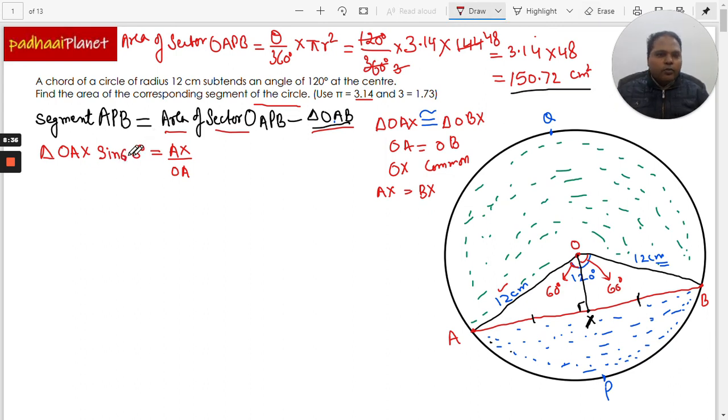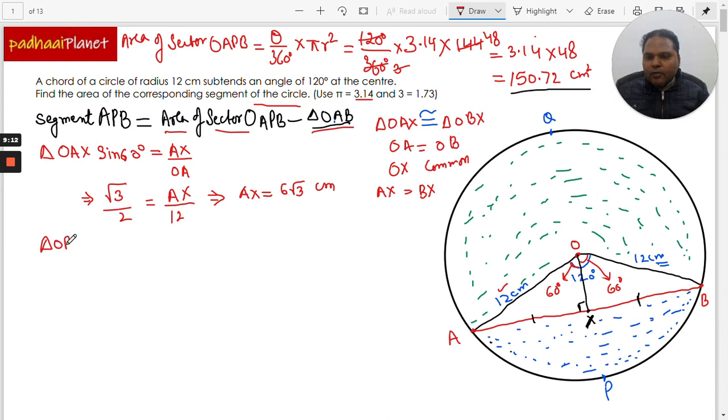So now we already know the value of sine 60 degree, that is root 3 by 2, and AX we need to find out, and OA we already know that is 12. So with this we can write that AX is equal to 6√3 centimeter, right?